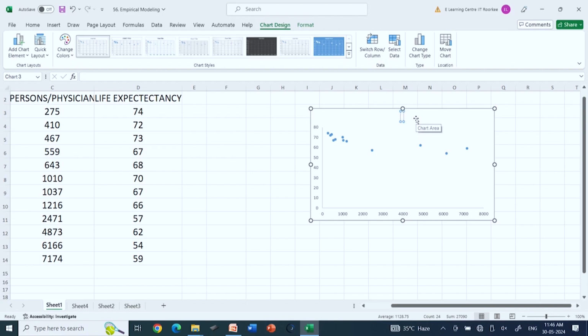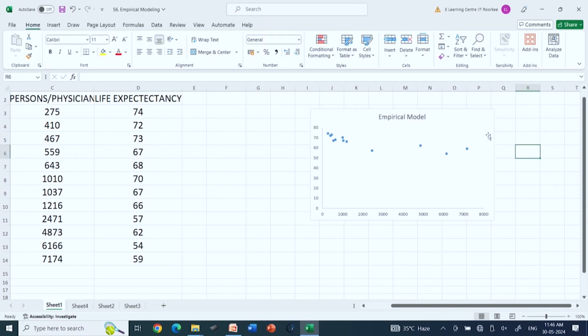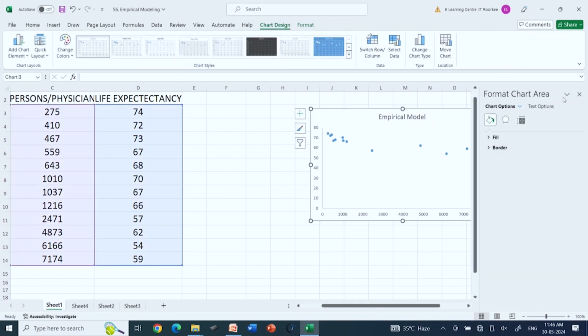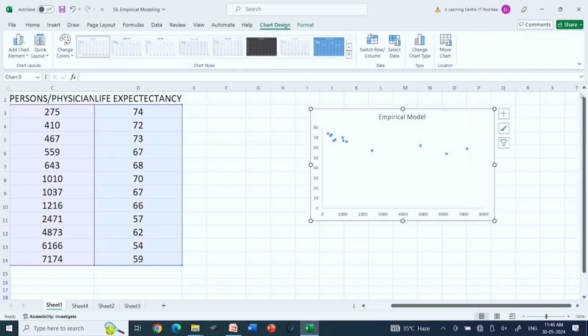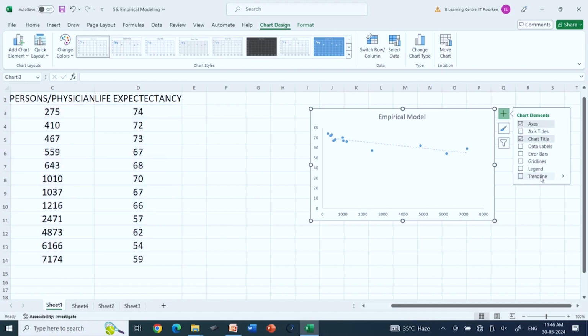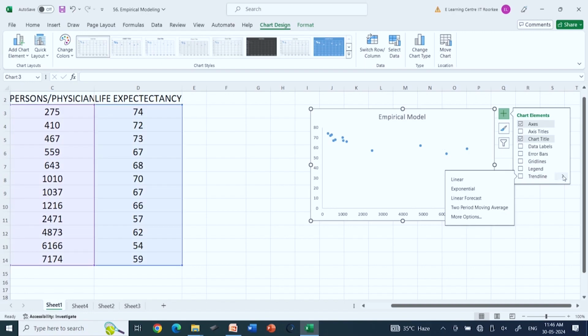So, I put empirical model. Next, I highlight this and I have to fit a trend which is already inbuilt in Excel. You click this plus and you see this trend line. You click this arrow and so many options open.